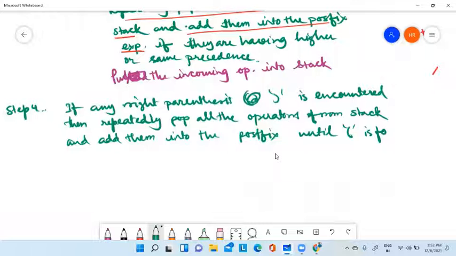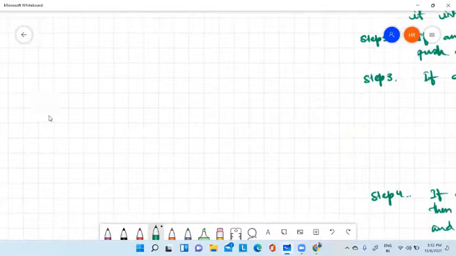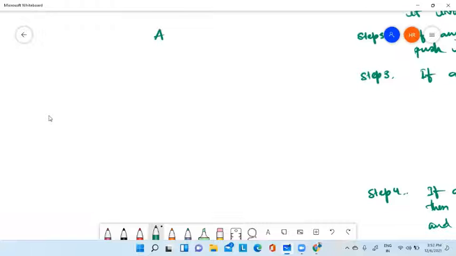is found. It means, suppose, if we read an expression, obviously the left parenthesis will come first, then the right parenthesis will come. So suppose we have a thing like this, a plus b into c. So I'm reading it from left to right.